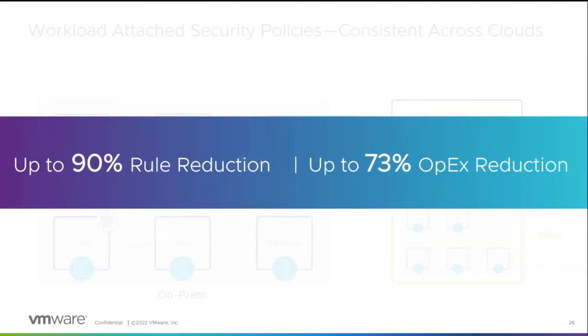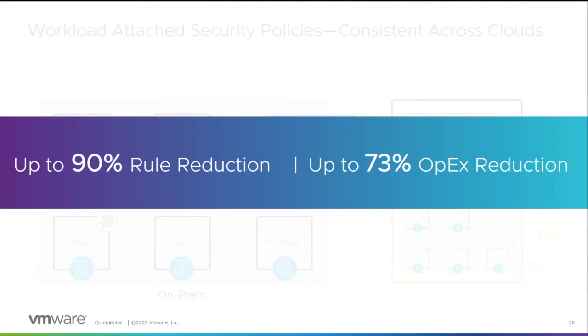Now, typically, perimeter firewalls can end up having thousands and even hundreds of thousands of rules. Most of them are inherited from previous operators, and there's no business context attached to those rules. So it's very difficult to understand if they're required or not.